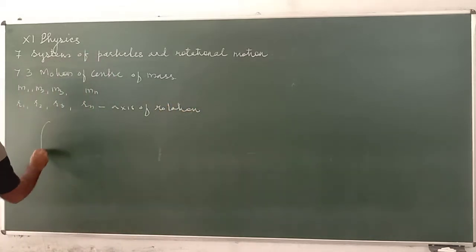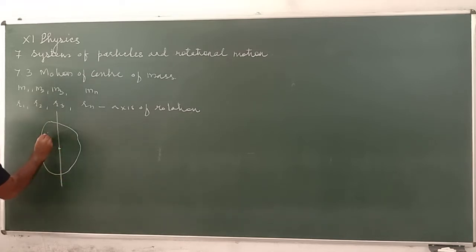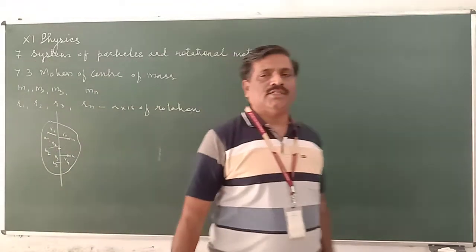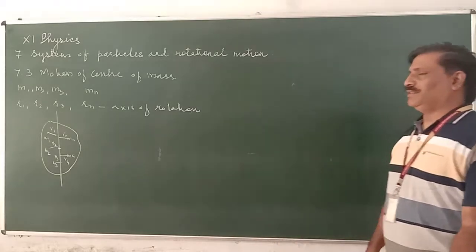This is any rigid body we consider. This is its axis of rotation, with masses m1, m2, m3, m4, mn, and these are the distances r1, r2, r3, r4, rn from the axis of rotation.